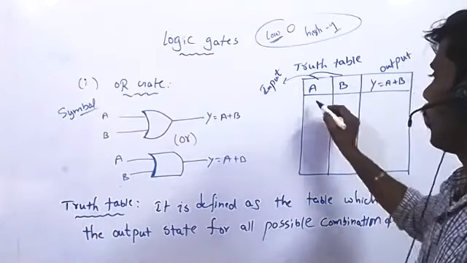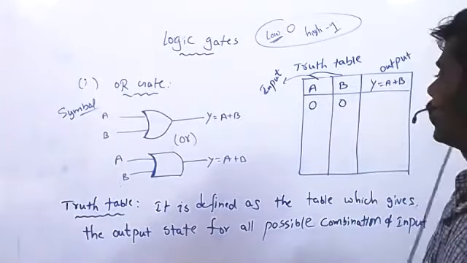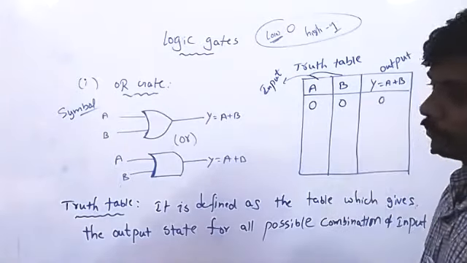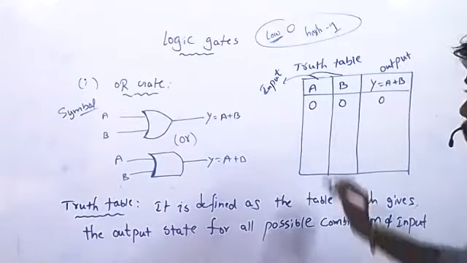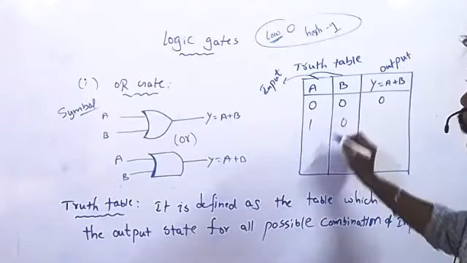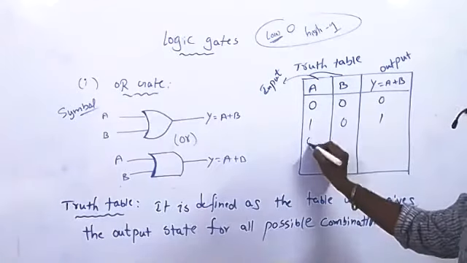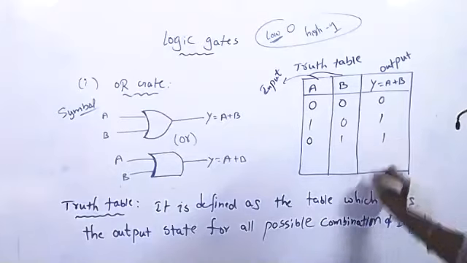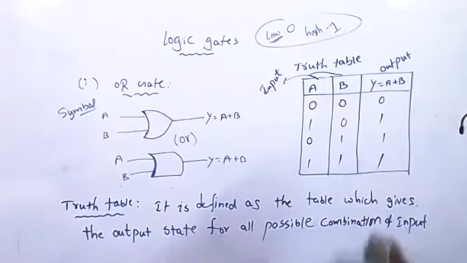Now both are low inputs. Definitely output also low, because 0 plus 0 you won't get 1. 0 only you will get. So one is high, one is low, you will get high. One is low and one is high, even though you will get high. Both are high, you will get high.